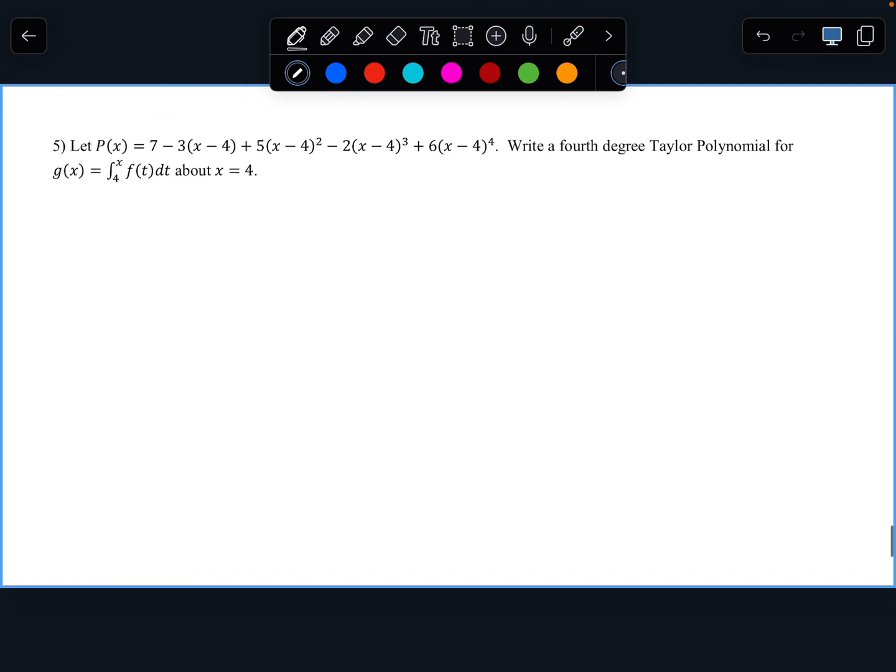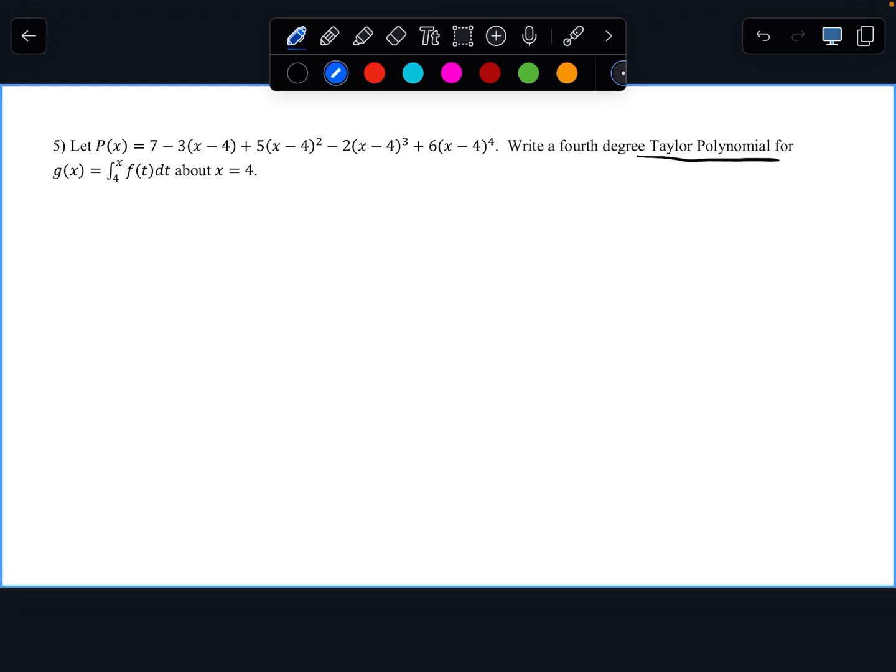Okay, this guy. This is what made me question the other problem. So p of x is this goofball thing. Write a 4th degree Taylor polynomial for the integral about x equals 4. Okay, I need a 4th degree Taylor polynomial.